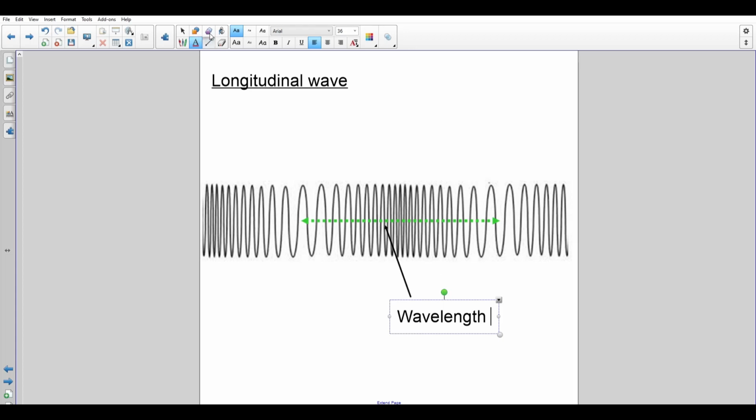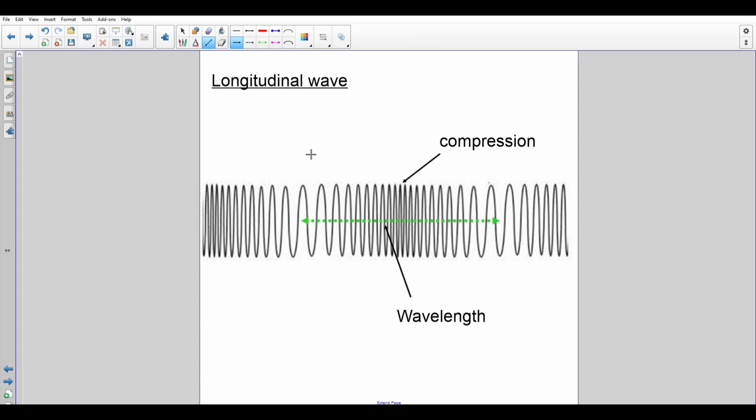Now, these areas where I've been talking about them being squashed together and far apart, you can probably work this out yourself. One of them's called compression and one of them's called rarefaction. The area where it's squashed together is compressed, so we call that an area of compression. You need to label that on yours as well.